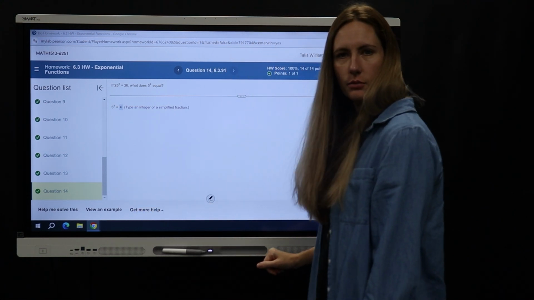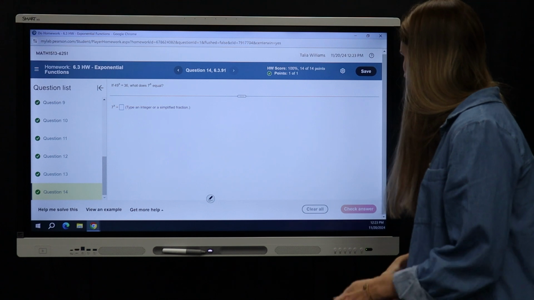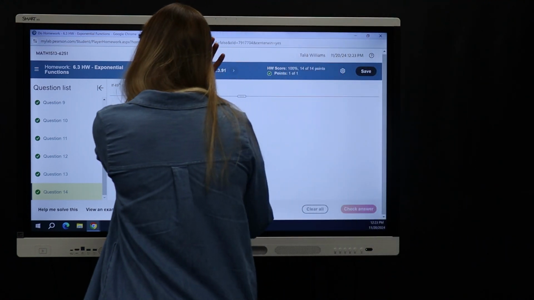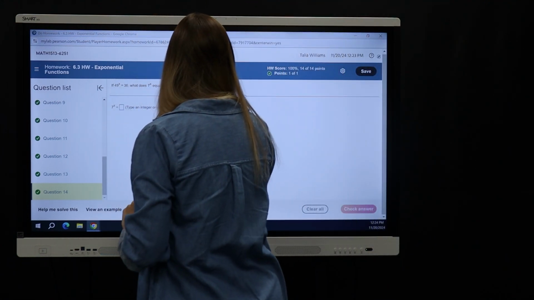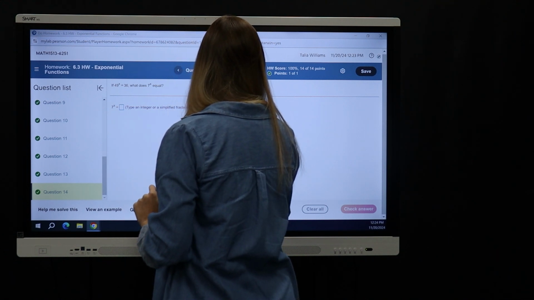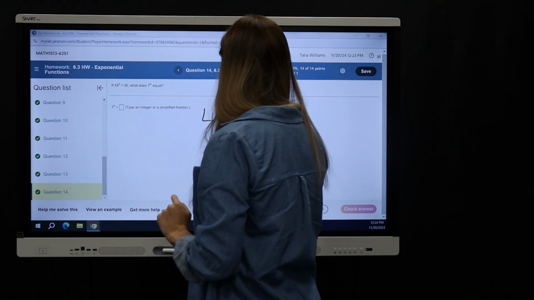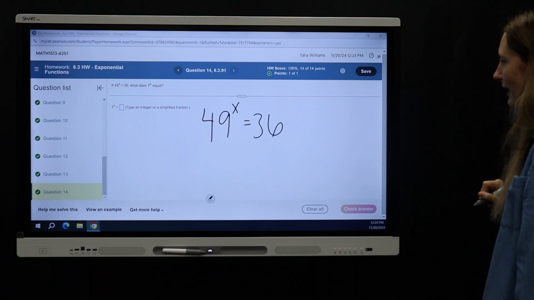Okay, last problem. We have 49 to the x equals 36. What does 7 to the x equal?